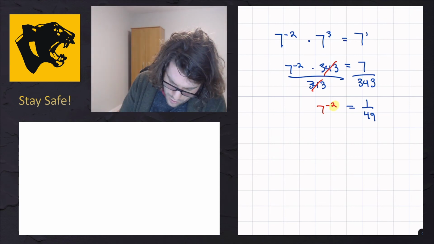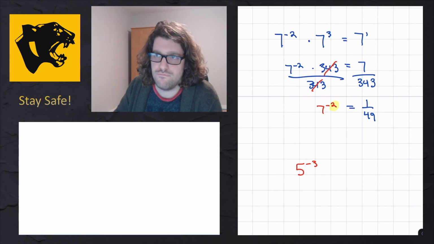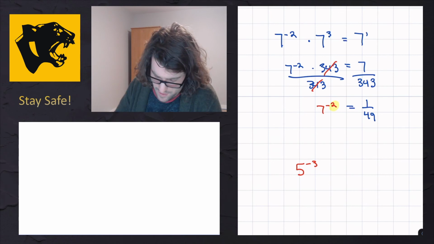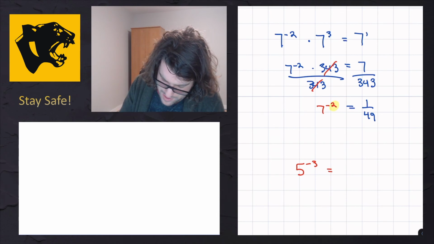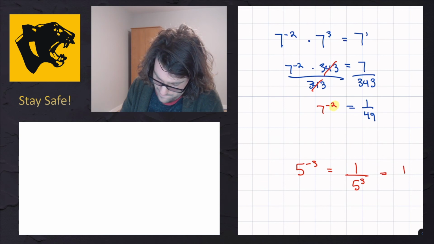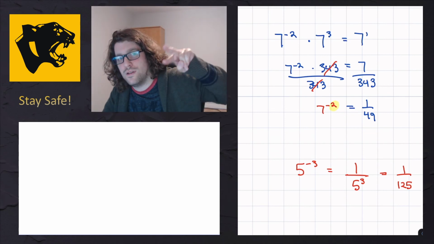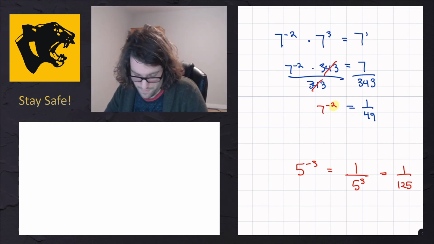So what would, in this case, 5 to the -3 give us? Well, that would be the reciprocal and the cube of that. So the cube of 5 is 125. We flip it, and it gives us 1 over 125.